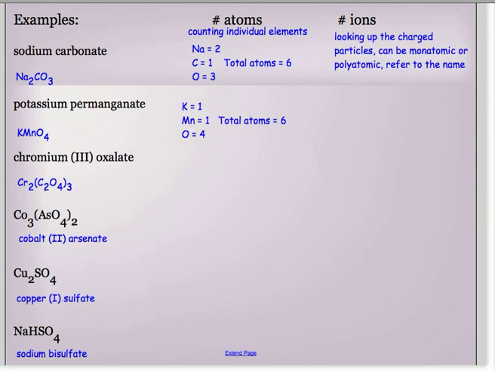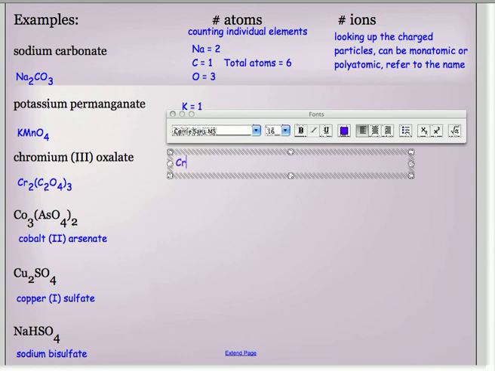And the last one that we'll do together for the atoms is this guy, we have chromium we have to worry about, we have carbon, and we have oxygen. Now when you have parentheses, it's a little more complicated because just like in math, when you have parentheses, you're going to distribute through with multiplication. So just be aware of if you have to do that or not. If we look here, chromium, we have a little subscript that's telling us there's 2.